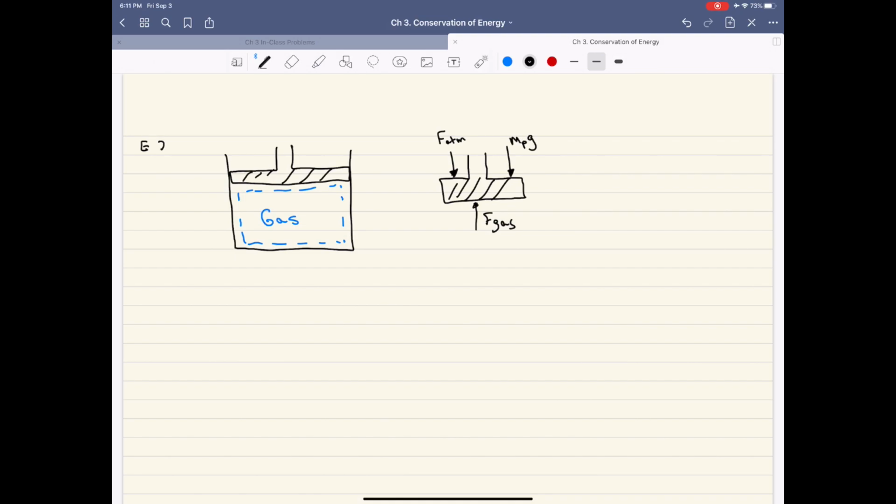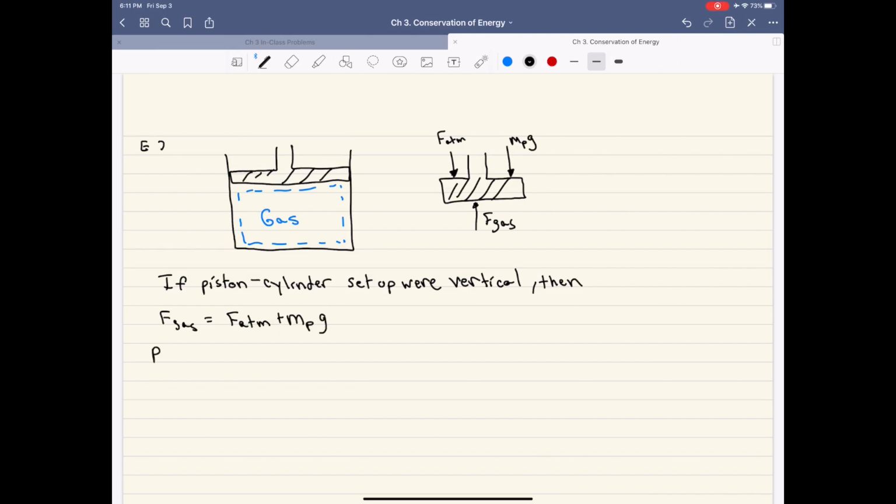Okay? Right, and so if the piston cylinder setup were vertical, then what you get is that the force of the gas is equal to the force of the atmosphere plus the weight of the piston. Right?